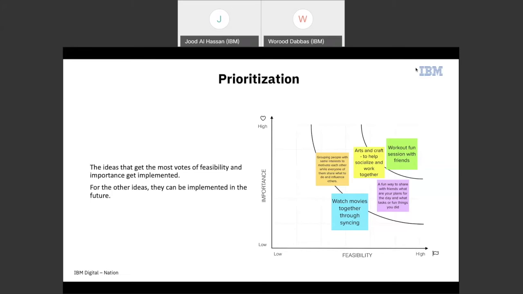The less important and less feasible ideas, you can implement in the future in your solution. So the prioritization grid helps us define the ideas that we need to implement and where we can proceed. Any questions so far?